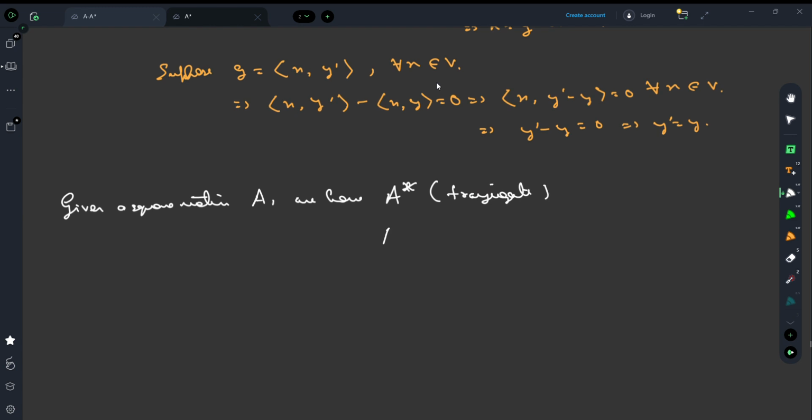Given a square matrix A, we know what A star is, which is the transjugate of A. If you recall, A star is basically the transpose of A and taking the conjugate of each individual element, or you can do it vice versa. You first take the conjugate of A, meaning the conjugate of each individual element in A, then take its transpose. They are primarily the same.